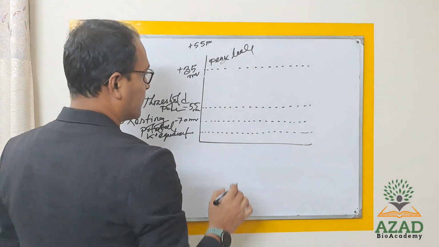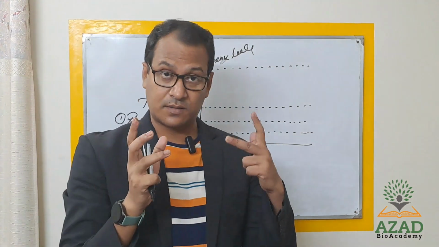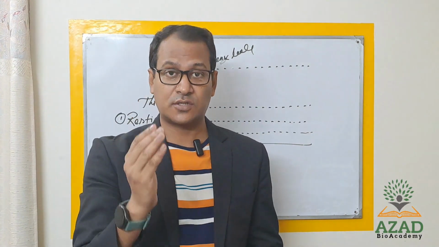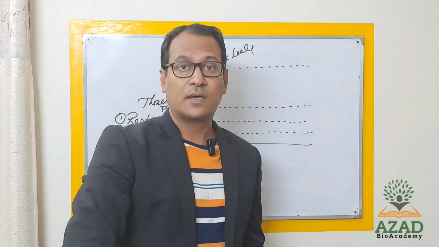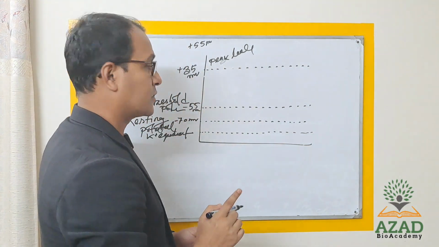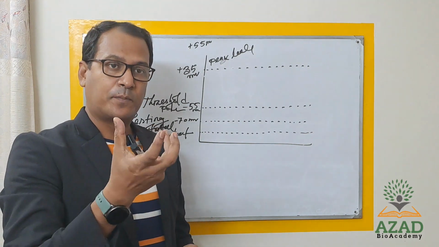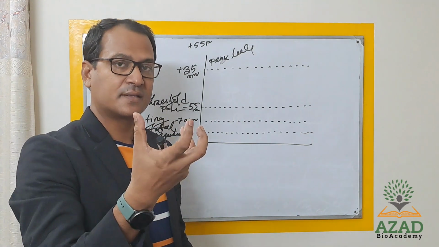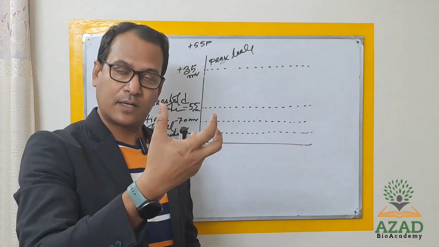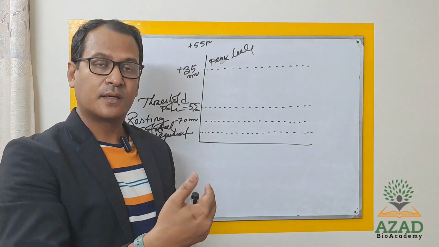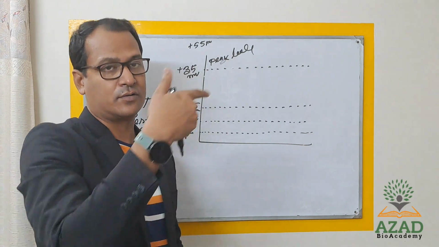Firstly, without any stimulation, without any touch or any activation, the membrane of the nerve cell has a potential difference of minus 70 millivolt, greater inside the cell than outside.